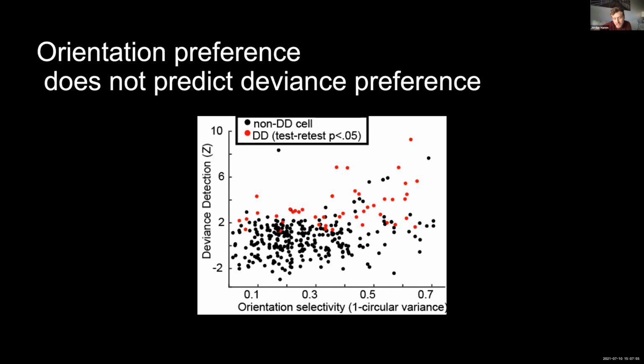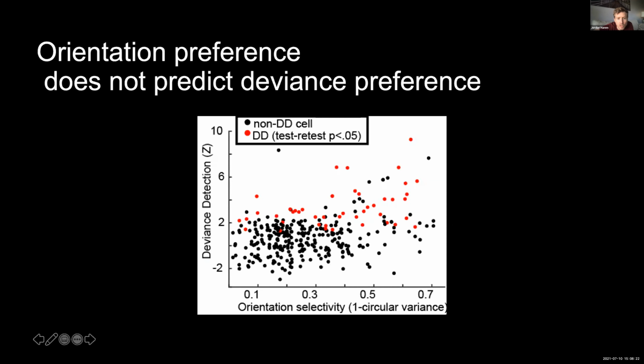Here on the x-axis, I've plotted orientation selectivity in a totally different run with multiple orientations. And on the y-axis is a quantitative measure of deviance detection, the response to the deviant versus control. And what you can see, these red cells are the ones which pass a cross-validation test. So these are your stable deviance detectors.